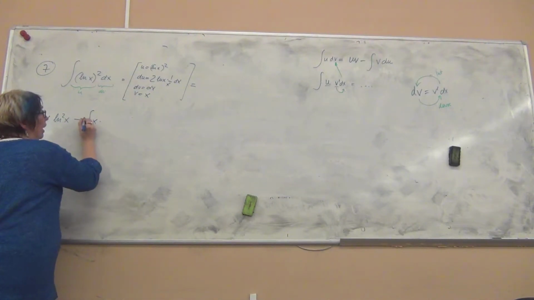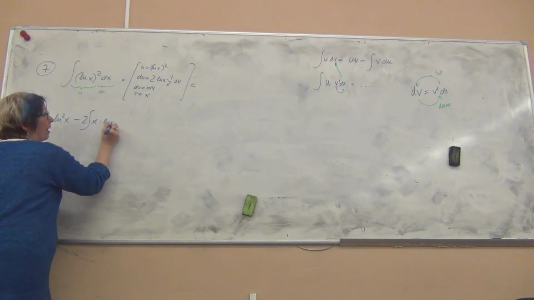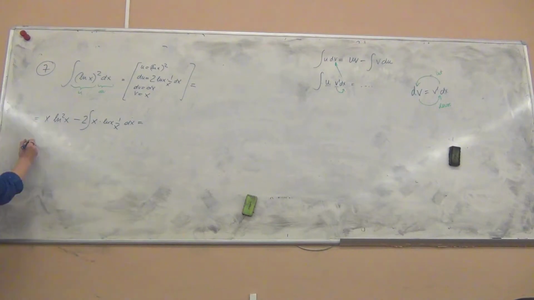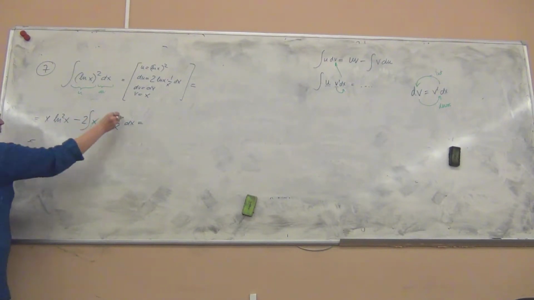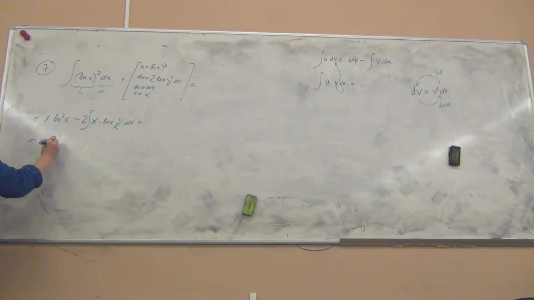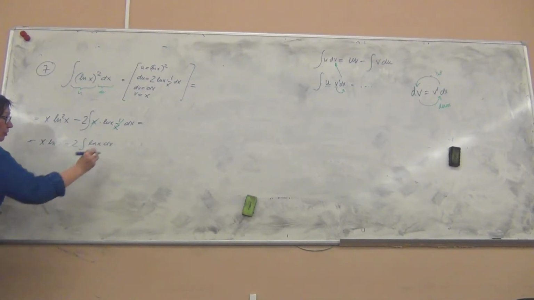So, okay, I'm putting 2 on the side. ln x, 1 over x, dx. Okay. Some nice magic happening now. x and 1 over x cancel out. So now we have the integral of ln x. So we have x ln squared x minus 2 integrals of ln x dx.